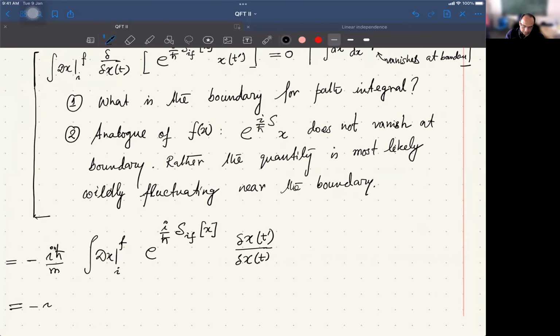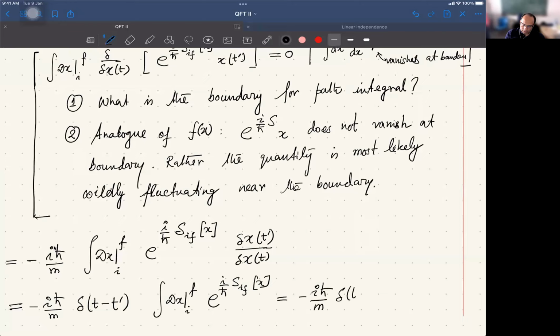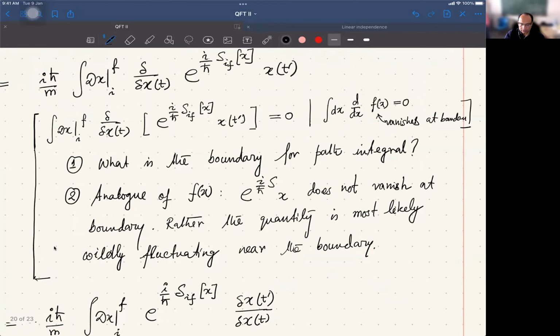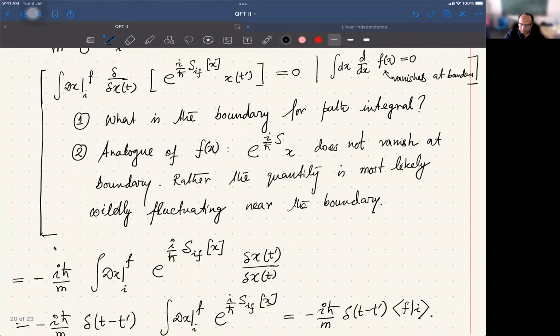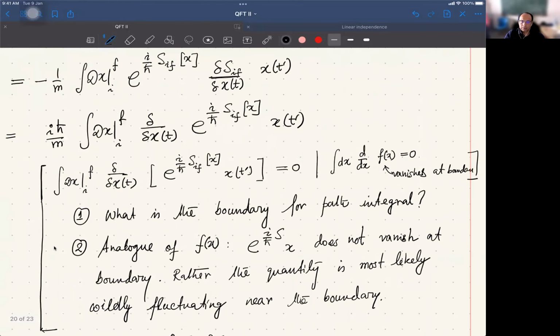So minus i h bar over m delta t minus t prime integral dx i f e to the power i by h bar S of x, which is the same as minus i h bar over m delta t minus t prime times f over i. That's the result that we expect. We calculated it in the Schrodinger theory, and now we got the same result using path integral.